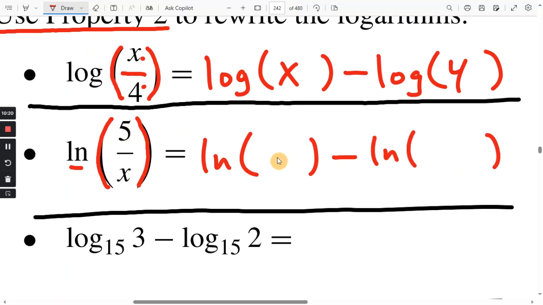The first argument is the one from the numerator, that's a 5. And the second argument is the one from the denominator, that's an x. So it's just ln of 5 minus ln of x. Made it a little messy here, but you get the idea.